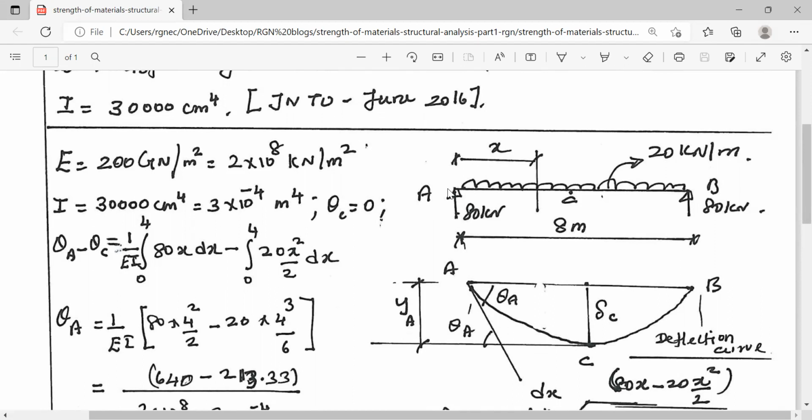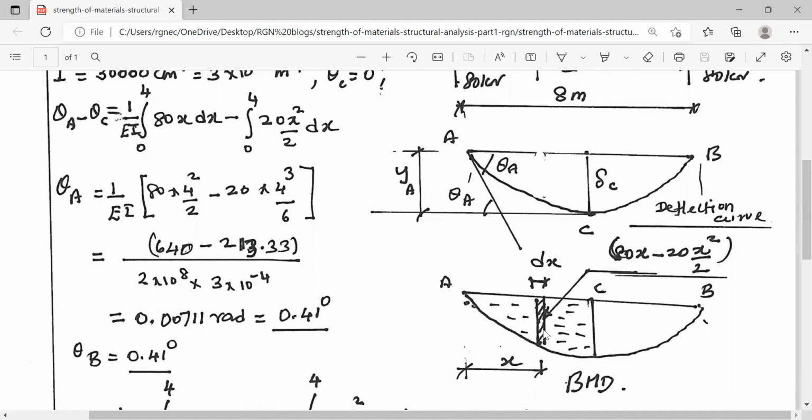The load is 20 kilonewton per meter. Therefore, by virtue of symmetry, the reaction is 80 kilonewton, and the bending moment is 80 into x minus 20 into x square by 2. So there are 2 terms for the bending moment: 80 into x is one term, and 20 into x square by 2 is the other.